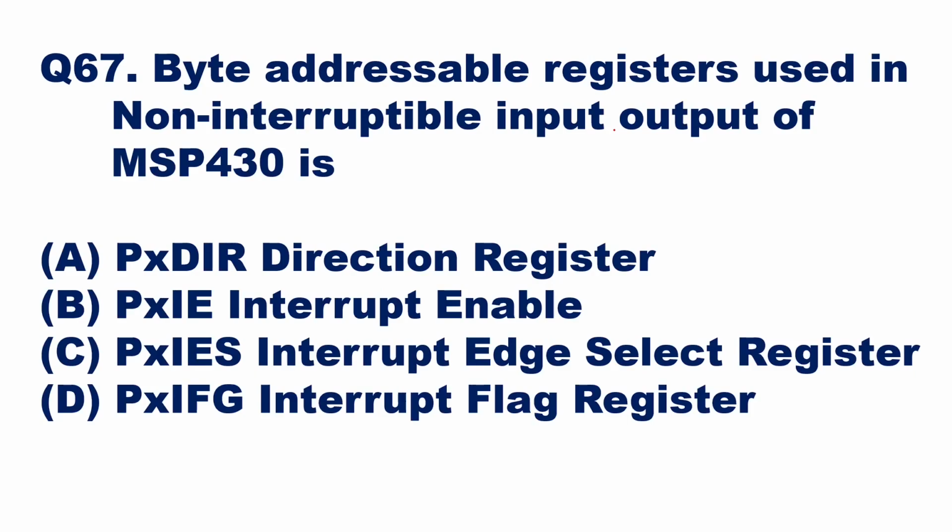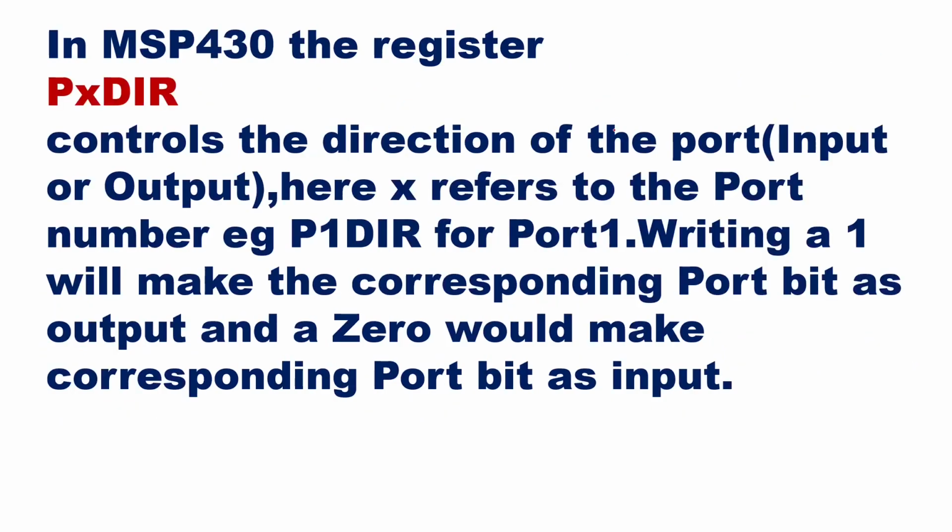Byte addressable registers used in non-interruptible input output of MSP430. If you want a non-interruptible input output register, then it is the direction register. So option A, PXDIR, the direction register, is the byte addressable register used in non-interruptible input output of MSP430. In MSP430, the register PXDIR controls the direction of the port, input or output.